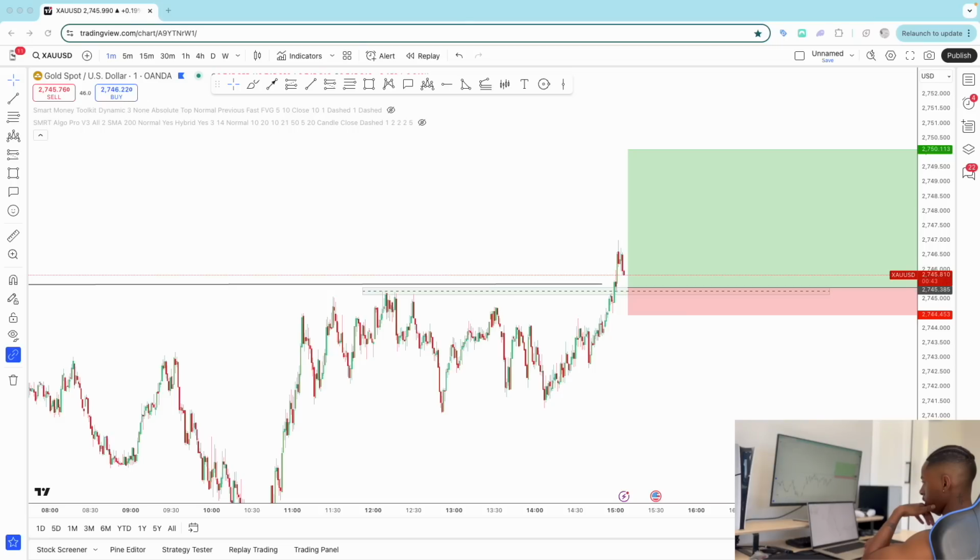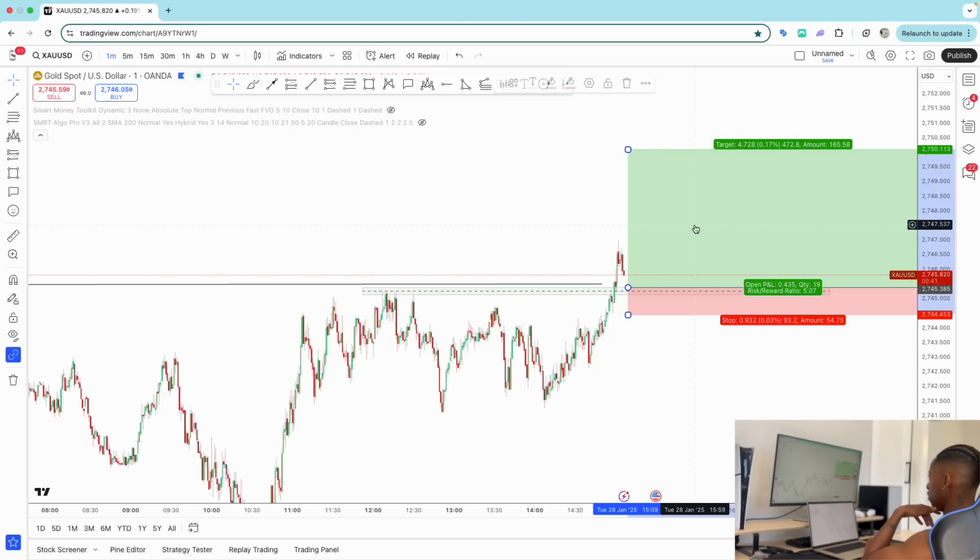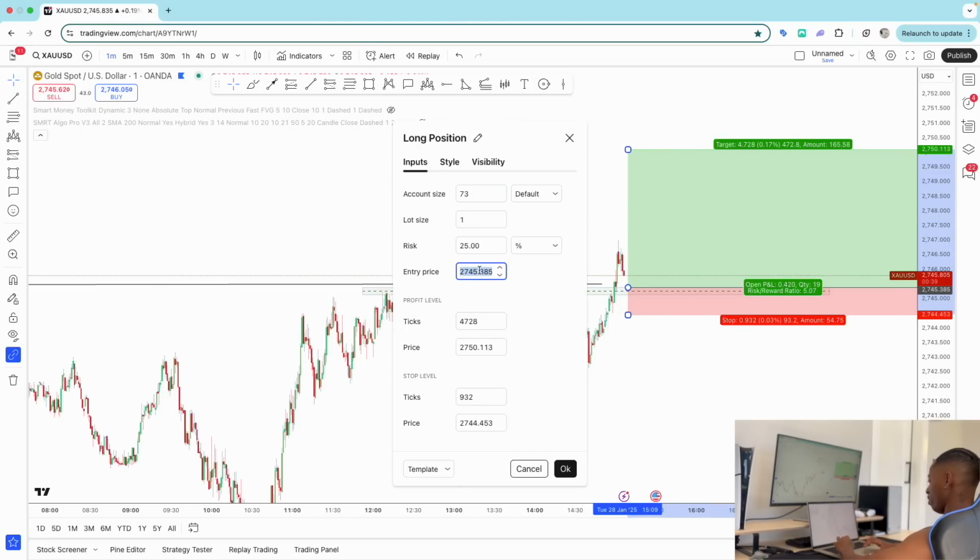Okay, I think it'll also be wise maybe to put some limits on gold entry price. US 30 already is in profits. Limit, buy limit, yes. Price right here. Okay, it's getting there.